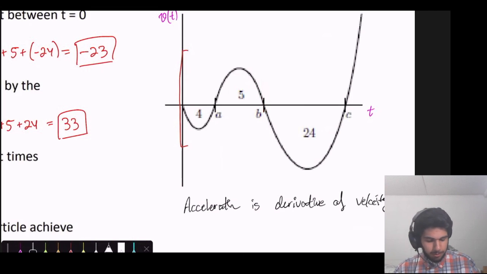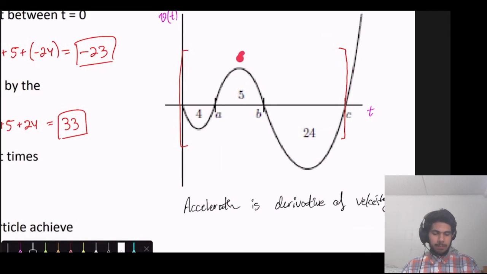And then we want to know from A to C. So we're looking here. And once again, we want to look at the tangent lines, and we can eliminate this part of the curve because it's decreasing, so we know that the tangent line will be negative. So the only new part of the curve we have to consider is this part of the curve.